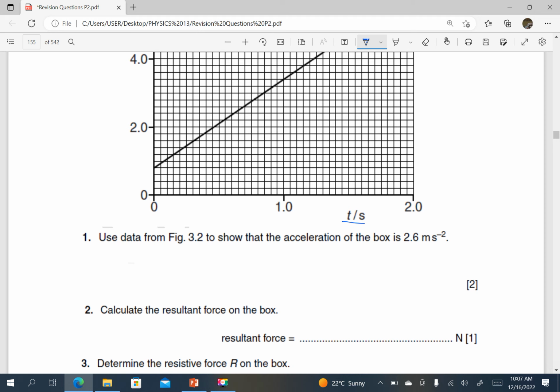Use data from the figure to show that the acceleration of the box is 2.6. So we now know that acceleration is the gradient. Or I can just get the change in the values of v with the time. So acceleration equals the gradient.